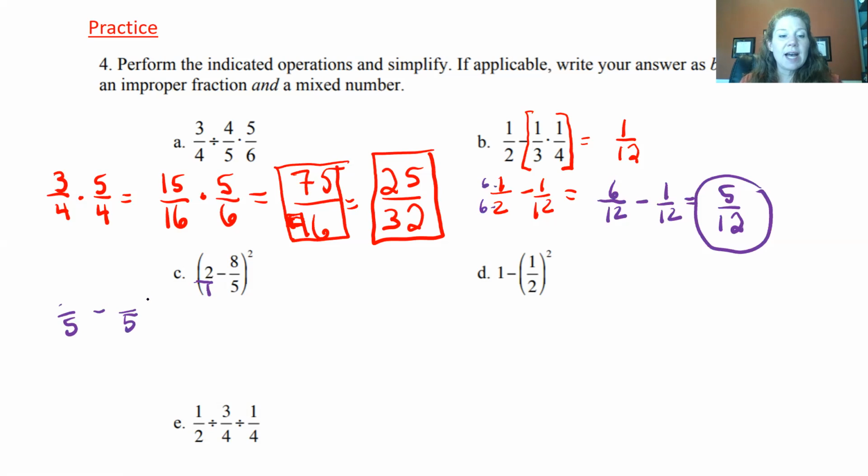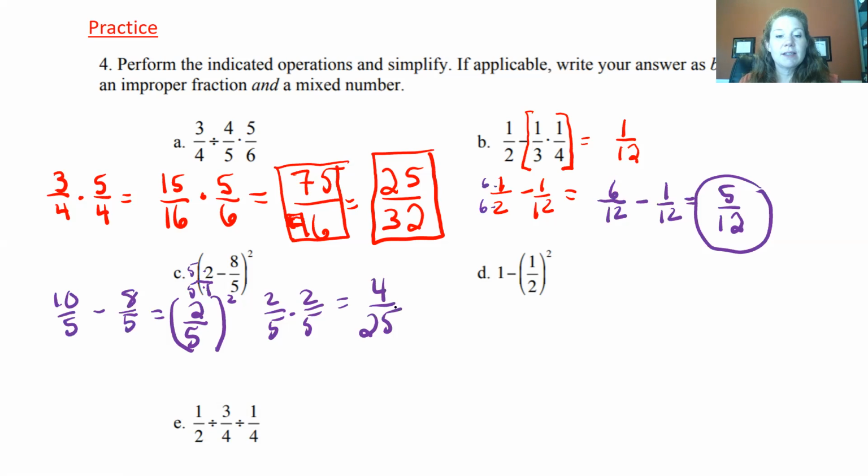What times 1 is 5? Well, it's 5. So 2 times 5 is 10. So 10/5 minus 8/5 is 2/5. And now we're squaring 2/5. So 2/5 times 2/5 is equal to 4/25. And that is the final answer.